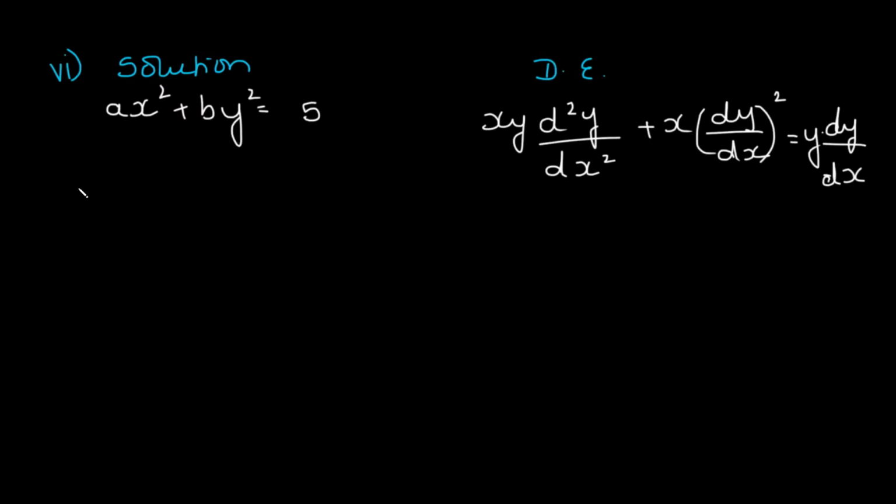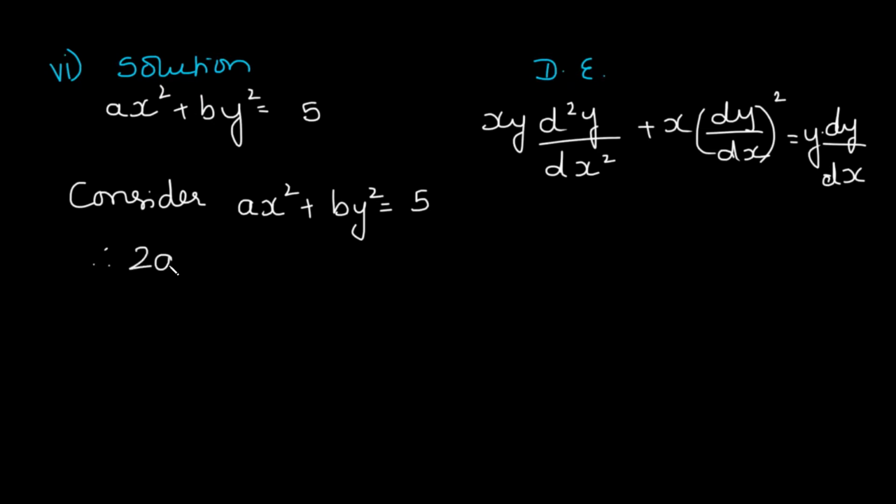We begin in the usual manner, that is, we consider the given function, ax² + by² = 5. Now we differentiate both the sides with respect to x, and therefore we get a into x², A is a constant, x² becomes 2x.